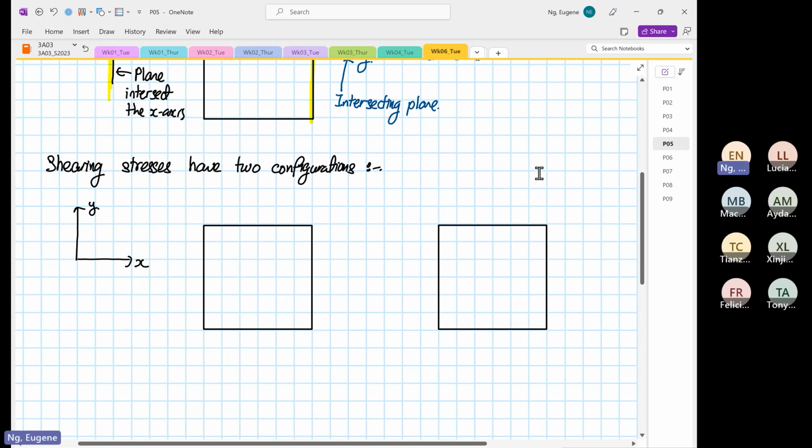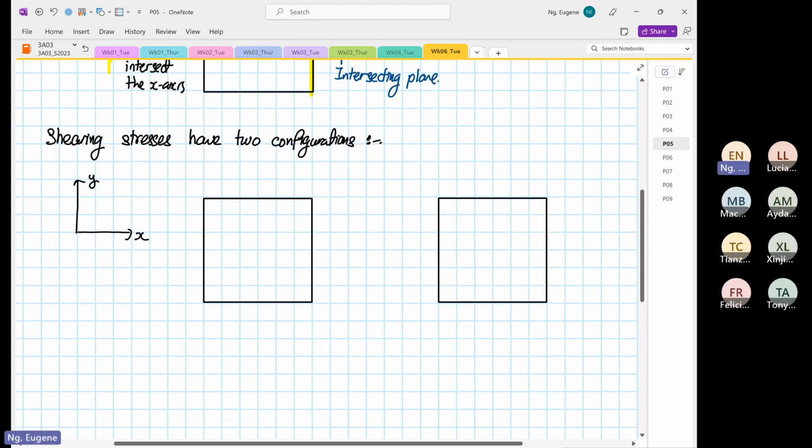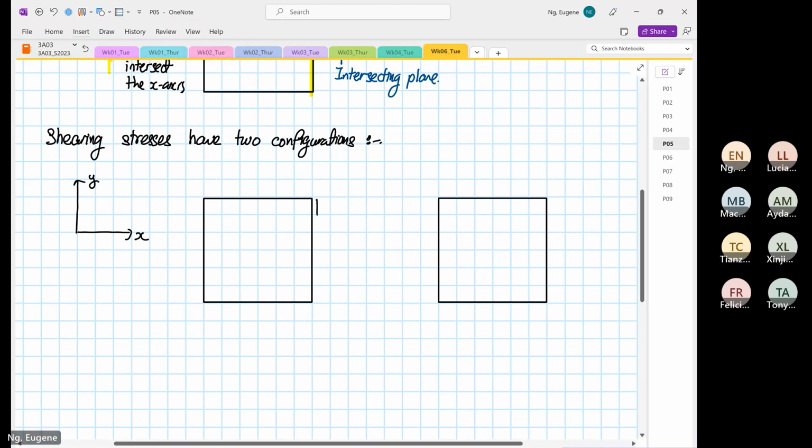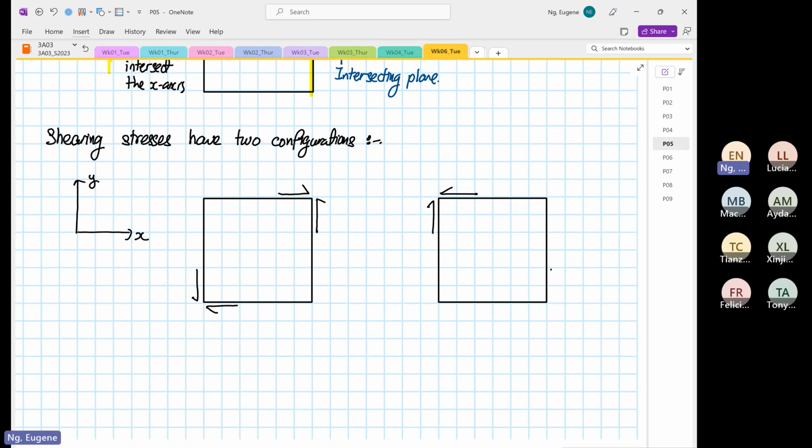So what we have over here on the left hand side, you can have shearing stress looking like this, or shearing stress looking like this. There is no other way except these two. So this is your shear xy. This is your shear yx. And this is your shear xy. And this is your shear yx.